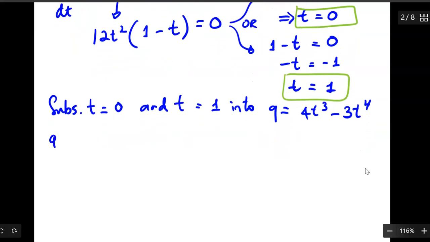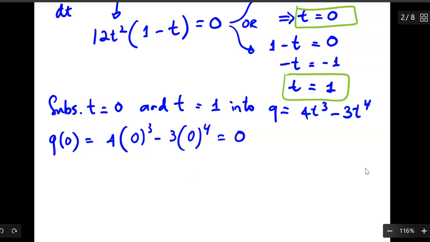Then I will have q of 0 equal to 4 times 0 to the exponent 3 minus 3 times 0 to the exponent 4, so it's equal to 0. And then q of 1 is equal to 4 times 1 to the exponent 3 subtract 3 times 1 to the exponent 4.